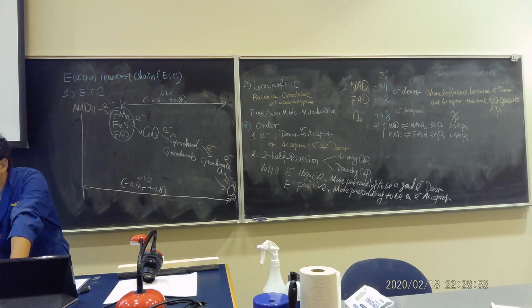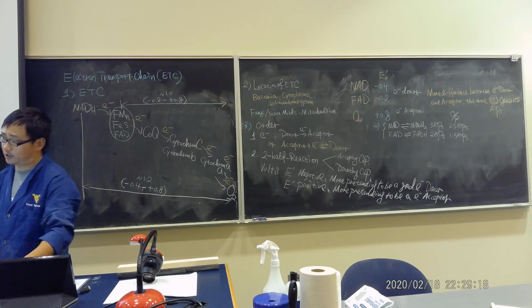Now we want to mention something else. NAD, carrying 2 electrons and 1 proton, is used to create a proton motive force that can drive ATP synthesis. Proton means hydrogen ion. Flavin adenine dinucleotide is also used to create a proton motive force that can drive ATP synthesis. Now, what does this mean?